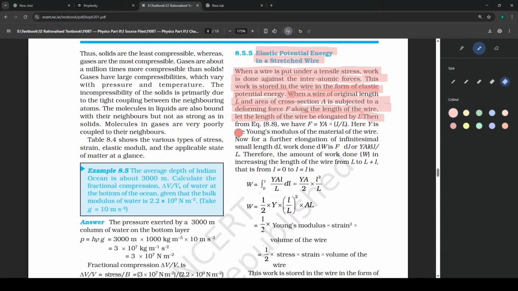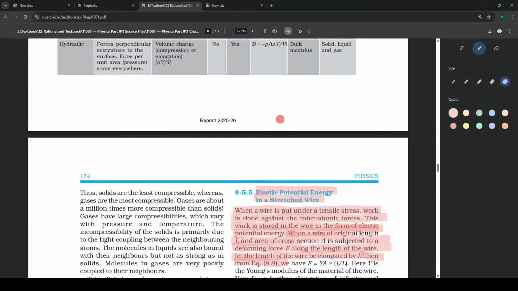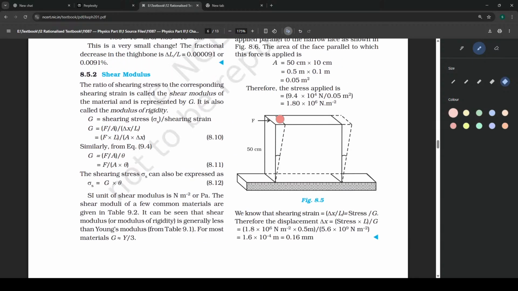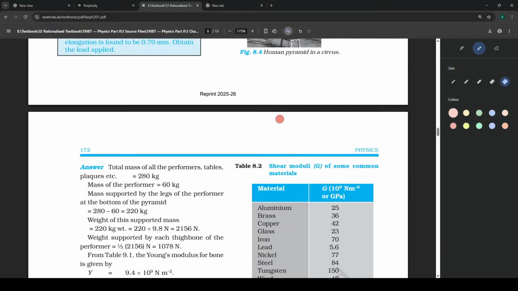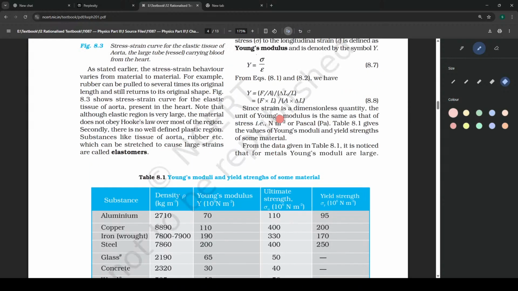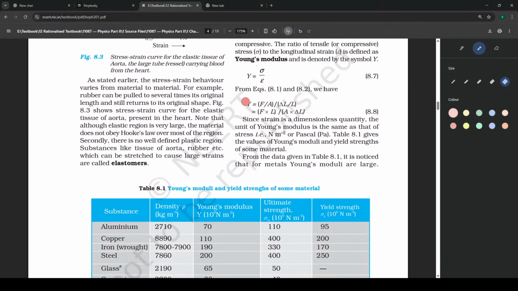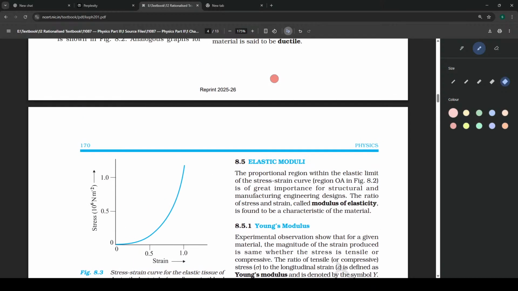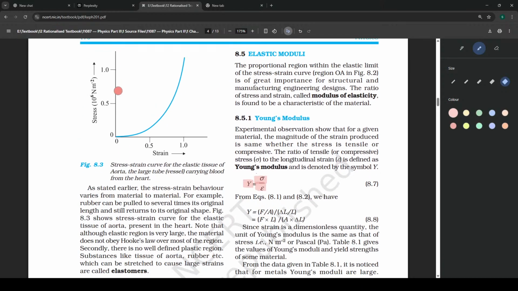Then, from equation 8.8, this is the Young's modulus formula. Young's modulus is longitudinal stress by longitudinal strain, that is, the ratio of tensile stress to the longitudinal strain.